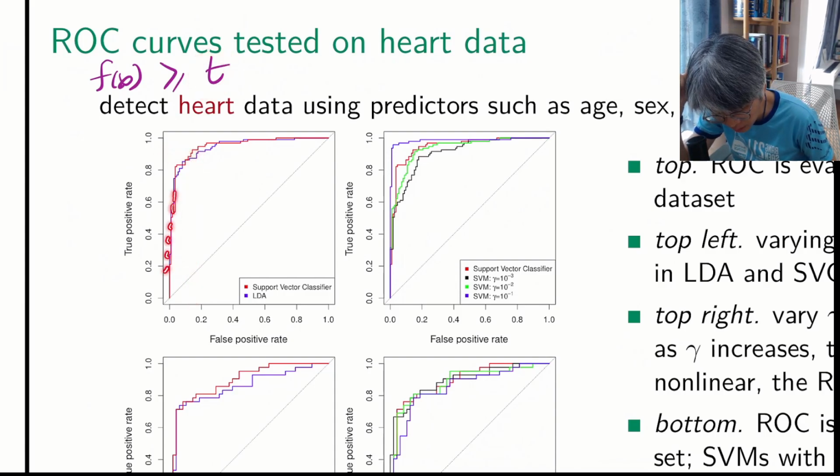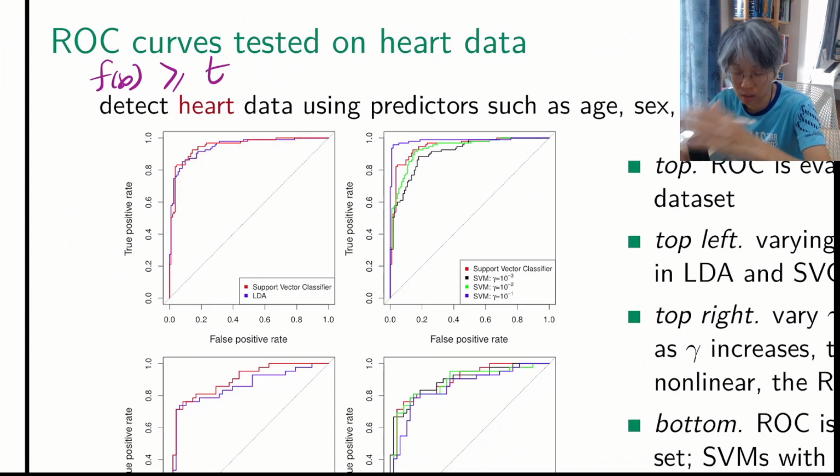As you vary t, remember that when t is lower, you classify to a disease case more easily. So as you vary t, that is when you get the whole ROC curve.